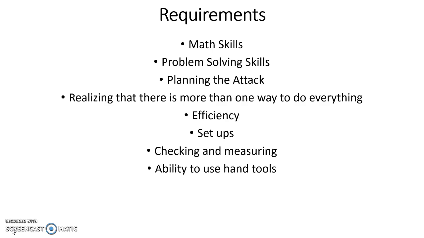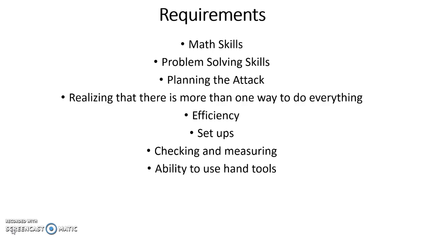A lot of people don't like to hear this, but in machining, you need to realize there's normally more than one correct way to do just about everything. Could be 2, could be 20, and they could all be fairly close in accuracy, which is another important thing, efficiency and accuracy. Setups are important too because you're only as good as you set up.